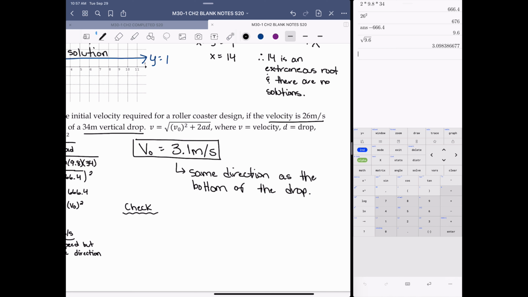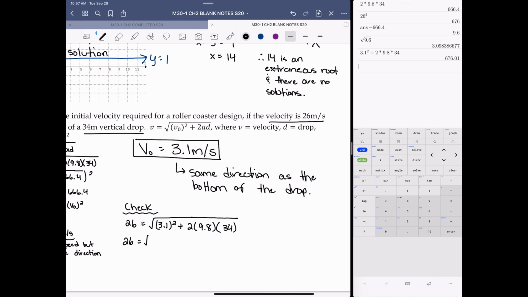So v is 26 equals the square root of 3.1 squared plus 2 times 9.8 times 34. Let's calculate that.